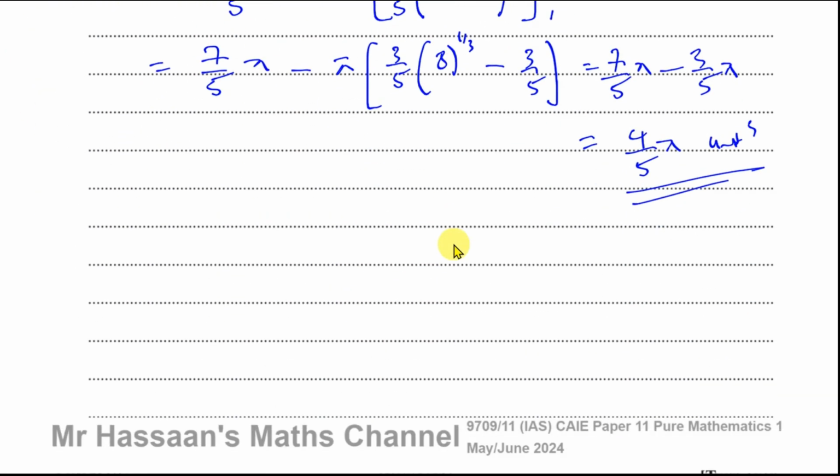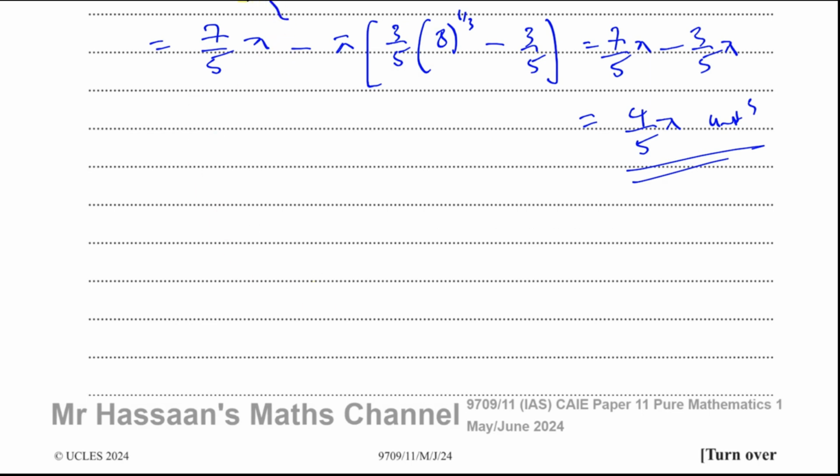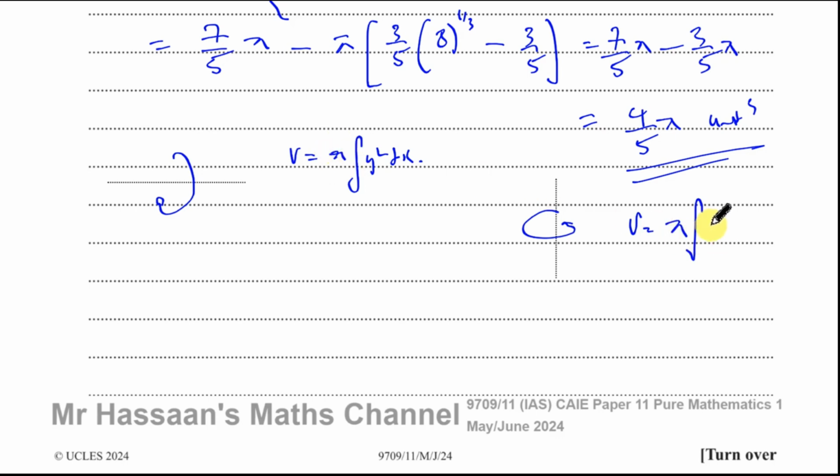Okay, so just a little summary. In general, if you're rotating around the x-axis, then you have pi times y squared dx. And if you're rotating around the y-axis, then the volume is pi times x squared dy.